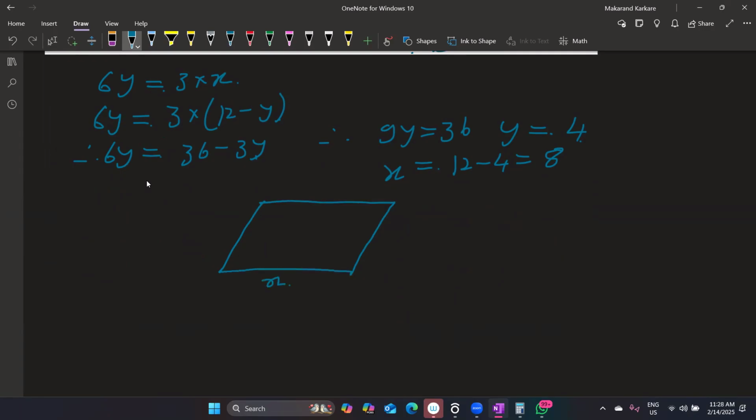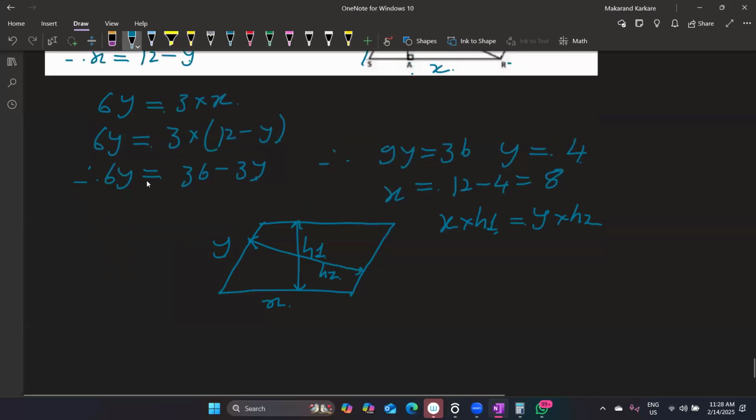If this is x, and the distance between these two is h1, what is the area of this parallelogram? X into h1. Now suppose this is y, and the perpendicular distance between these two parallel lines is h2. So again, isn't that the same as y into h2? That's really what I used.